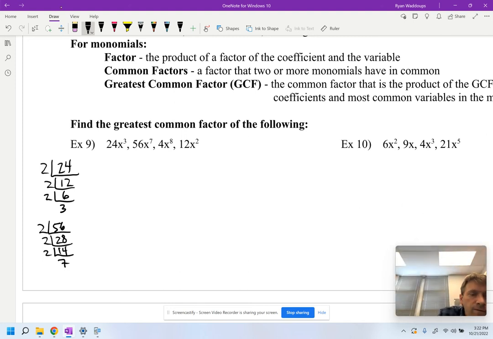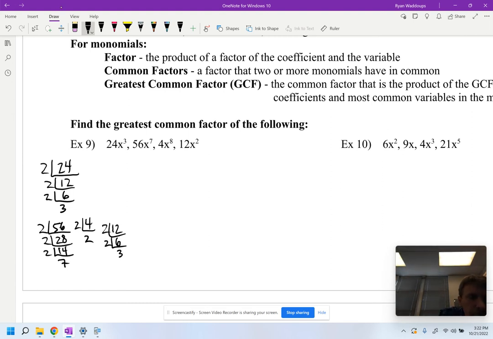And 4 we know is 2 times 2, but we'll list it to be thorough. And then 12 is 2 times 6 and 2 times 3. So we look, and they all have at least 2 2's. And then if we look at 4, it doesn't have anything more than the 2's. So in terms of the coefficients, the greatest common factor is 4.